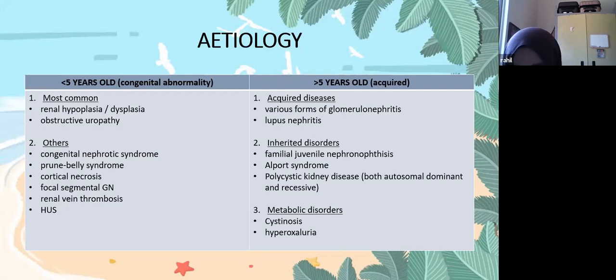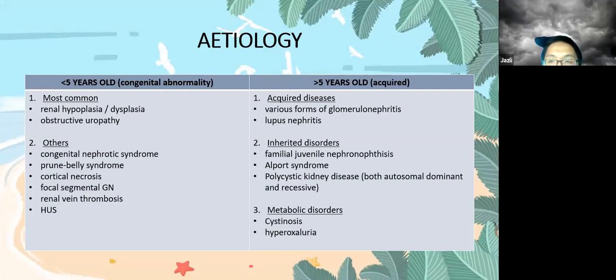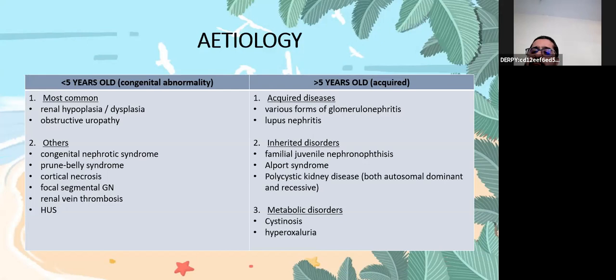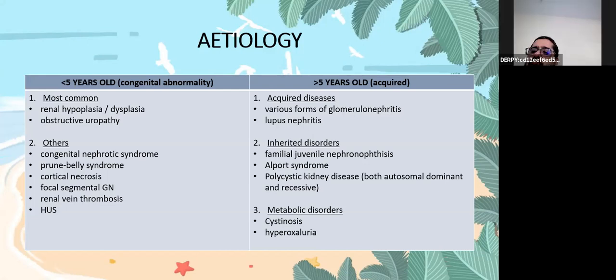Does anyone know what Alport syndrome is? It is a syndrome where there is sensorineural hearing loss, hearing impairment, and visual impairment. Very good. Autosomal dominant. So the kidney, the ears, and the eye. This is Alport syndrome. Okay, carry on.